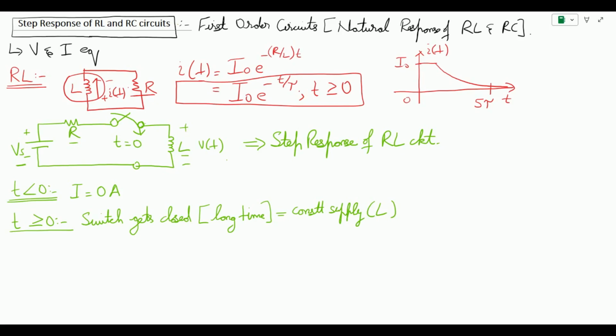And we know that if a constant supply is given to the inductor, it will act as a short circuit. But we want to see what happens immediately to the currents and the voltage when the switch gets closed, and then later on we are going to look into the long time analysis.